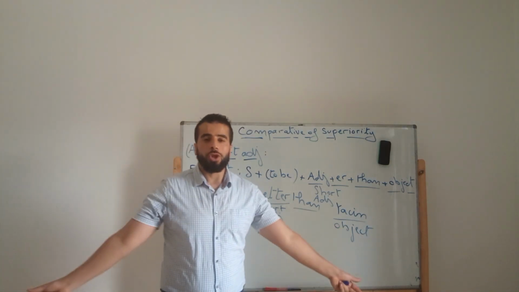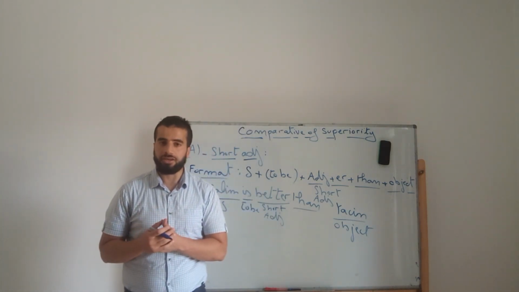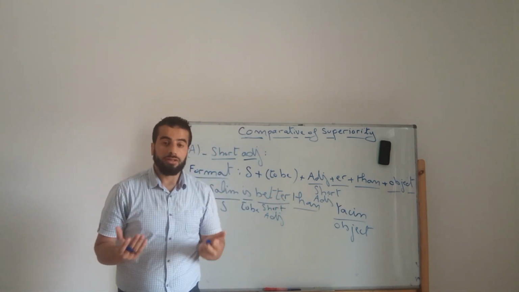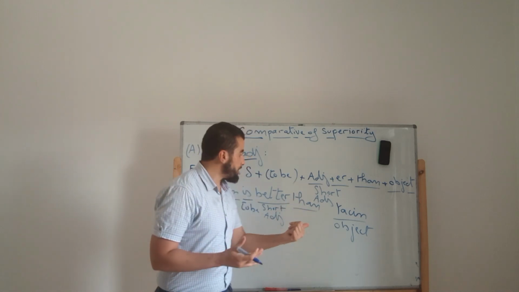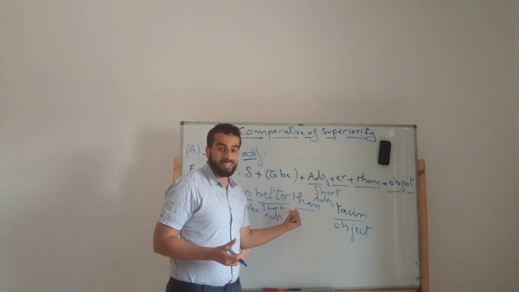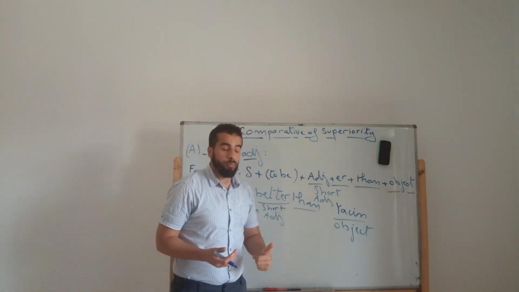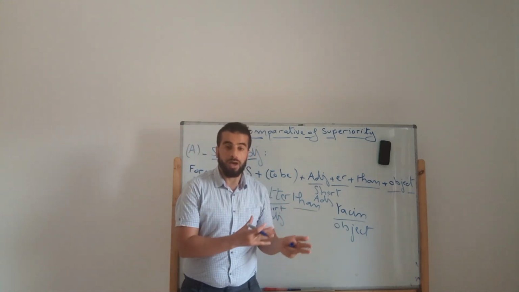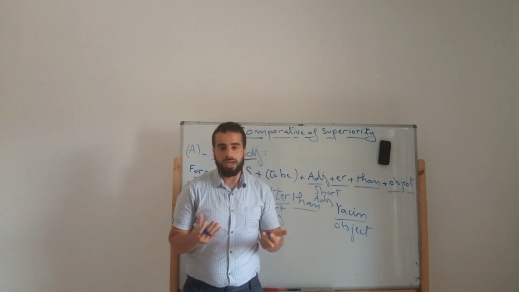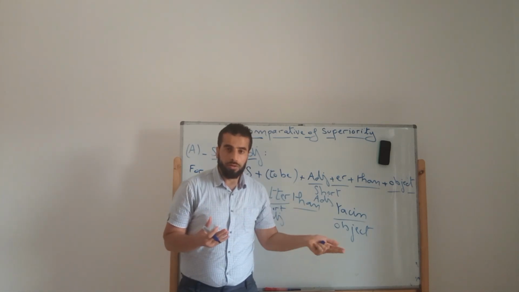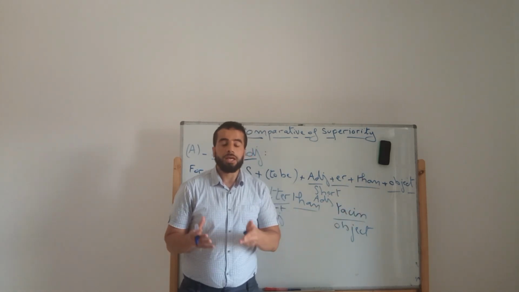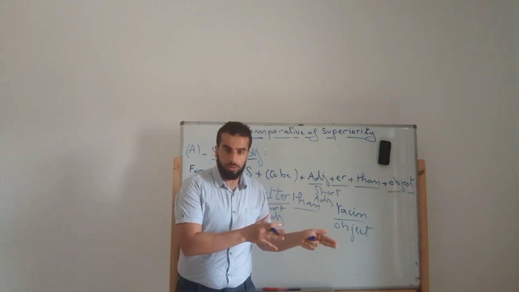What about the long adjectives? In the long adjectives, you cannot add er. For example, there are words that cannot be used with the suffix er. For example, vulnerable, something that can be hurt or sensitive. You cannot say vulnerabler, no, we say more vulnerable, okay?